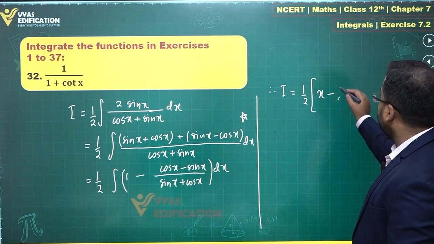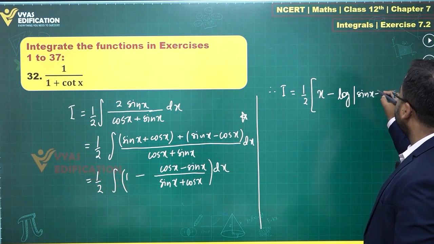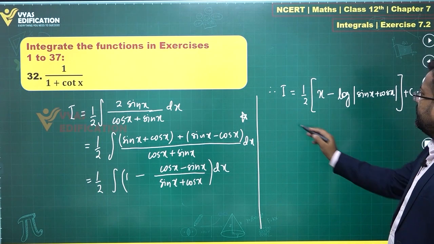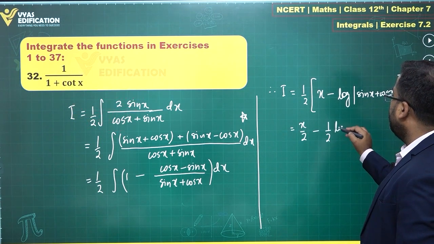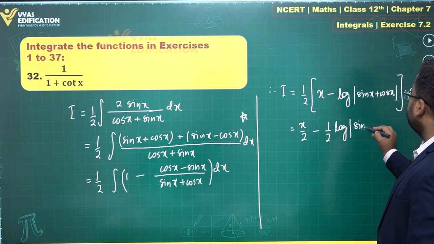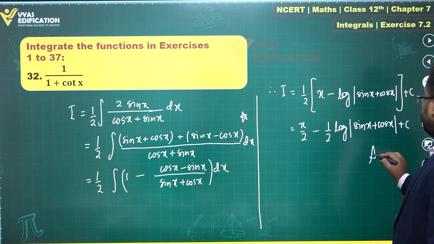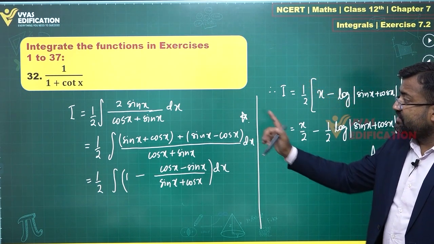So that becomes log of modulus t, which is modulus of sin x plus cos x, plus a constant term. So this is x by 2 minus 1 by 2 log modulus of sin x plus cos x plus constant. That is my required answer for this question. Pretty interesting, right? This is a very important step.